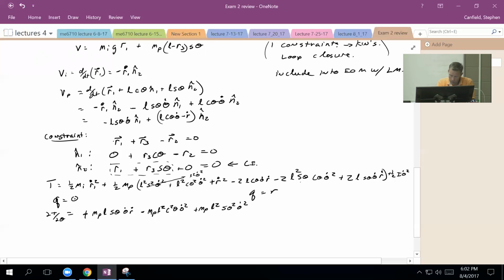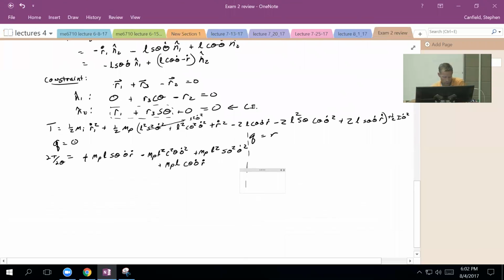Do I have that right? That's a minus. It's a plus. Odd the way those terms work out. I was hoping they'd add up. And then finally a plus MPL cos theta theta dot R dot. Whew. Okay, all those terms for my partial of T with respect to theta.